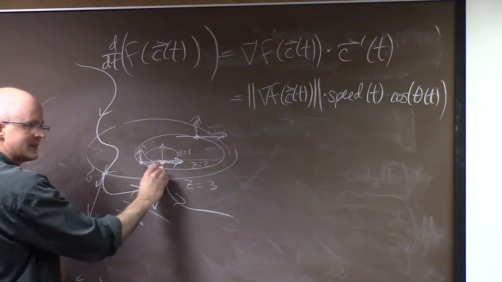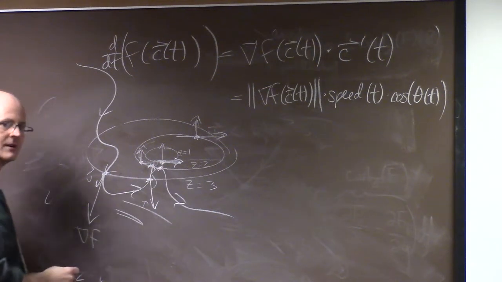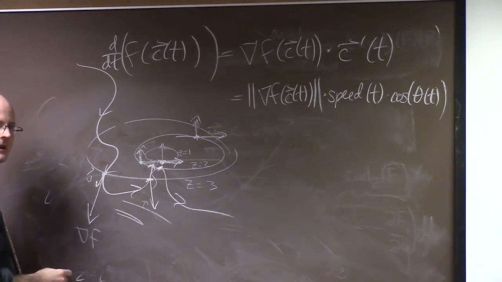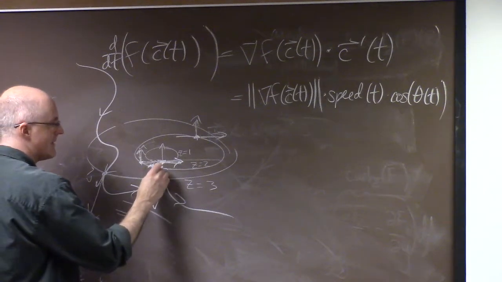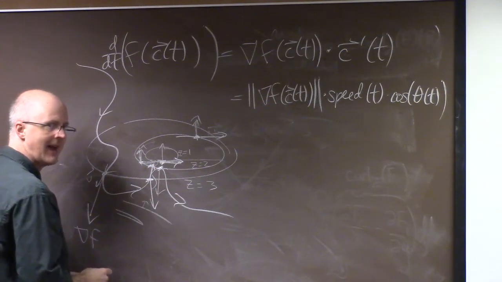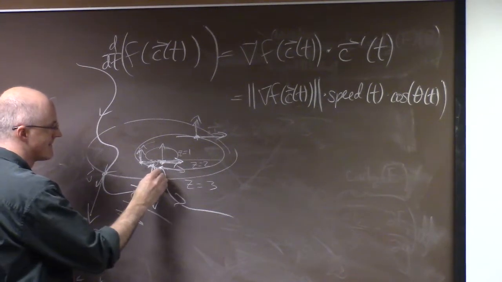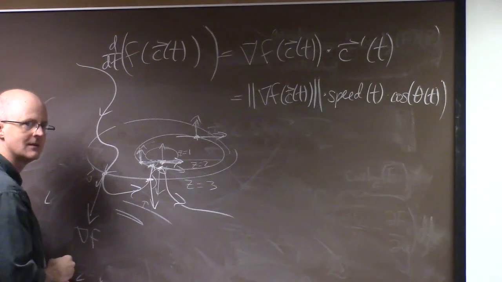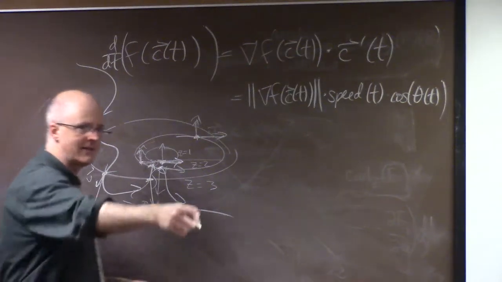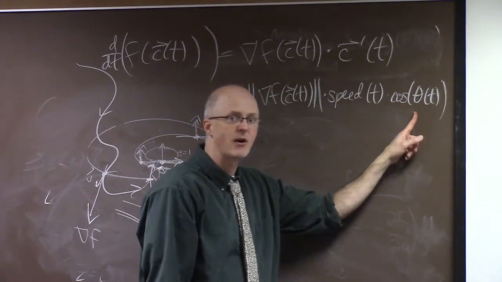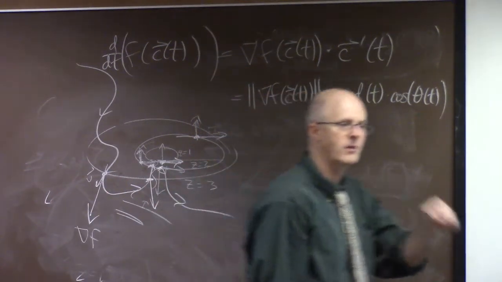Something special about this curve there, it's tangent to the level curve. The unit tangent's still going to look about like that, but now the velocity vector looks like that. Right angle. Cosine of 90 degrees is 0. You get 0 at the point where they're tangent to each other.